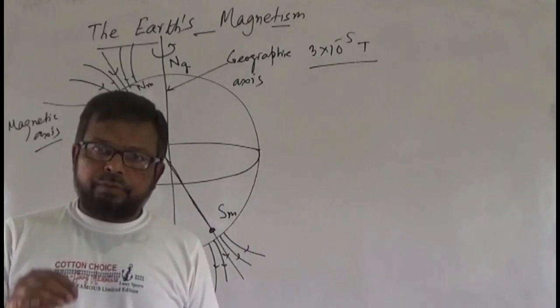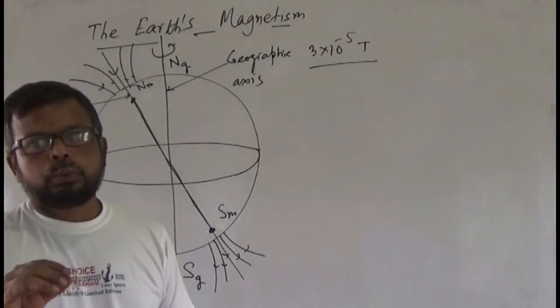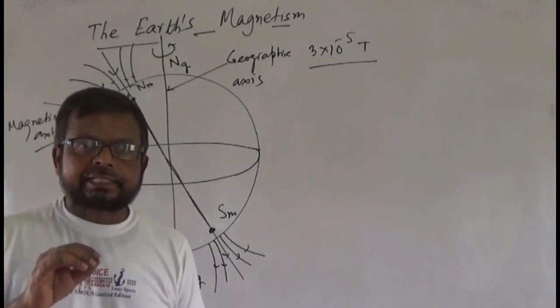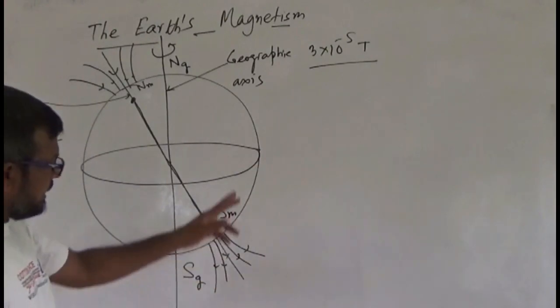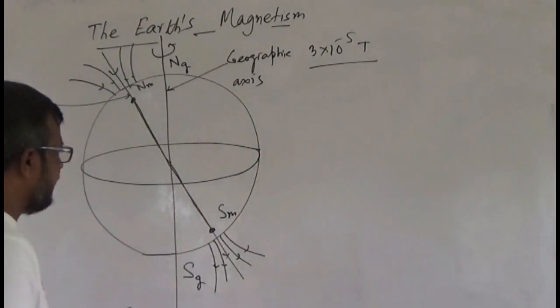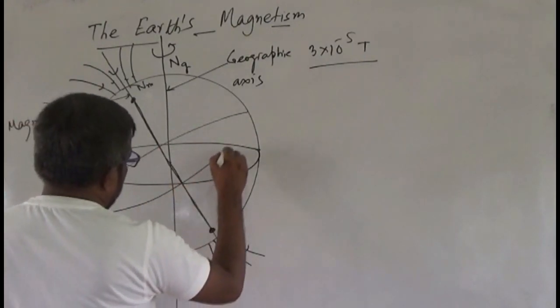It is also a vertical plane which passes through the magnetic axis. You can say this is the geographic equator and this is the magnetic equator.